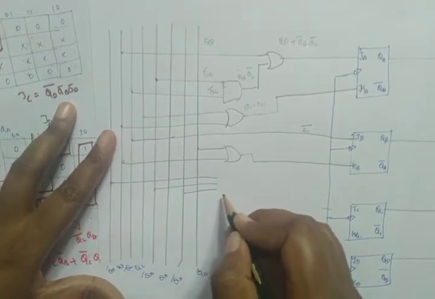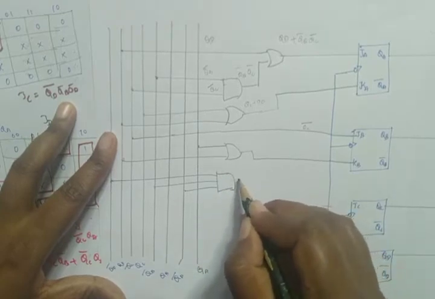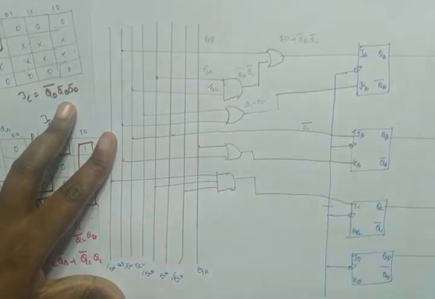Since these three are in multiplication, use this AND gate, and this is our JC.